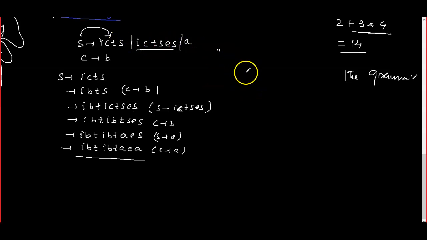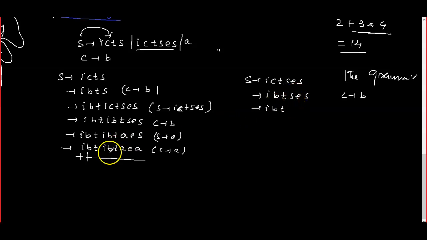So let's draw it here. S derives iCtSeS. Now I want this one, ib, so I will put tSeS, C is b. Next ibt, this S. ibt is over here. Now again I want, okay, so I can take this one only: iCtS and eS as it is.